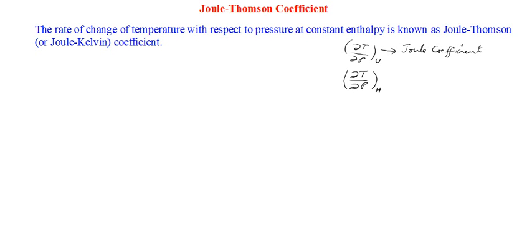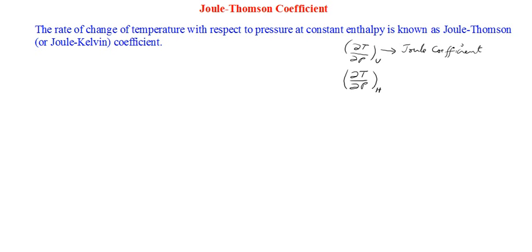Hope you remember in the introductory video we mentioned that the throttling process or the Joule-Thomson expansion is an isenthalpic process, whereas the Joule expansion was a process happening at constant internal energy. So that is the difference in the definition of the two coefficients.